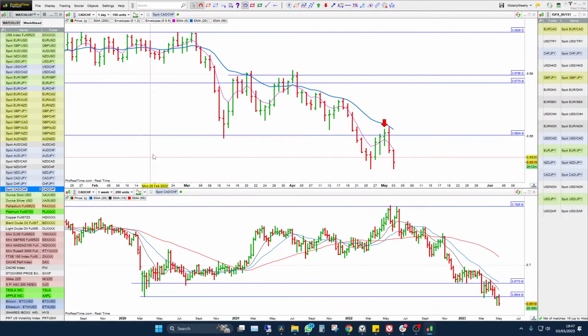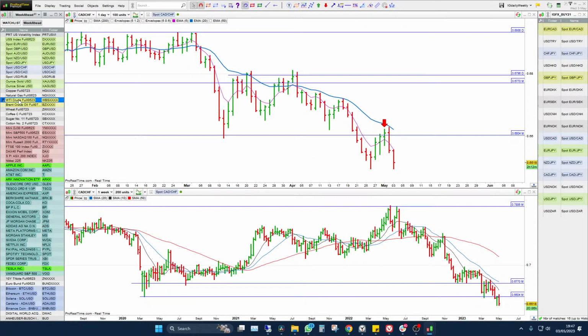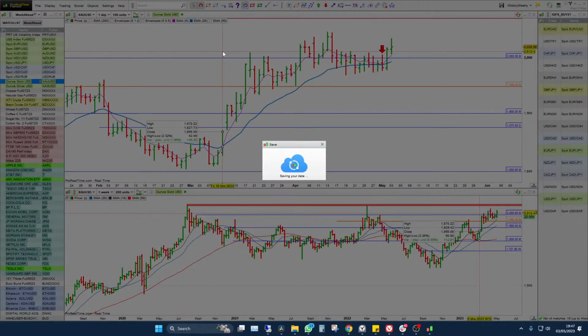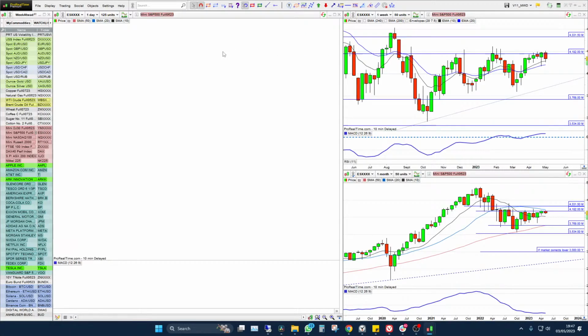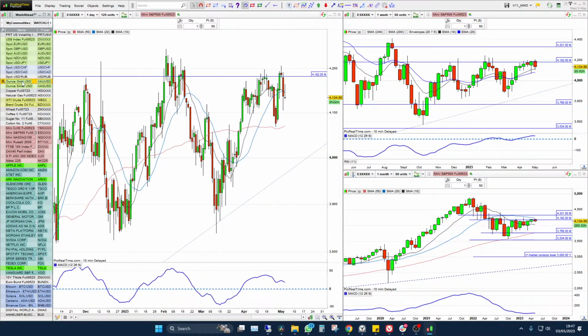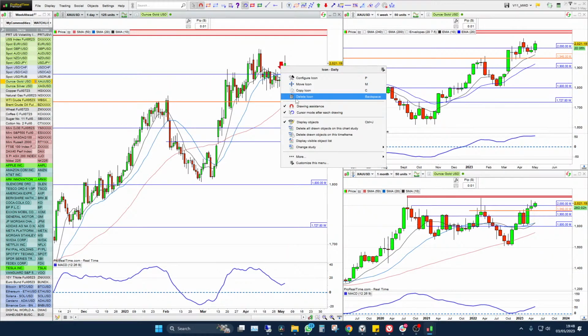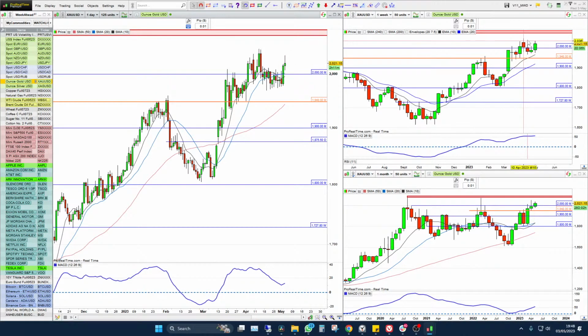All right, so let's go ahead and have a look at gold. Let's look at other things here. Nothing here. Broken through that weekly candle. It's just very choppy. It's not very cool.